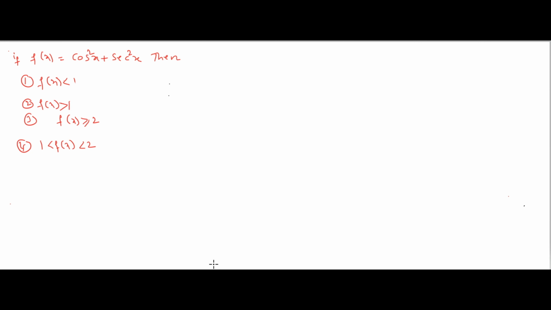If f of x is equal to cos square x plus secant square x, then first option f of x less than 1, second f of x greater than 1, third one f of x greater than or equal to 2, fourth one 1 less than f of x less than 2. Here it is given f of x is equal to cos square x plus secant square x. Applying AM greater than or equal to GM, that is (cos square x plus secant square x) by 2 is greater than or equal to square root of cos square x into secant square x.